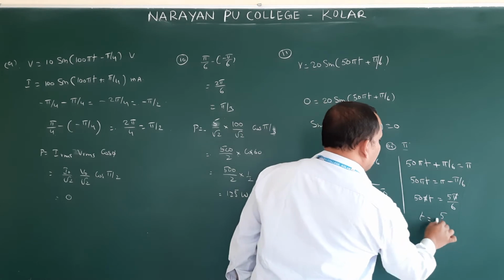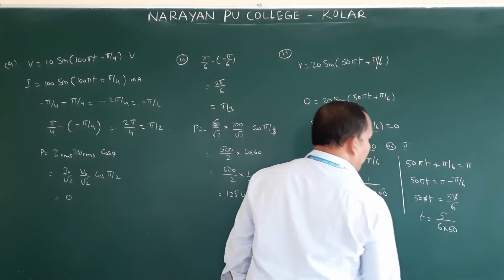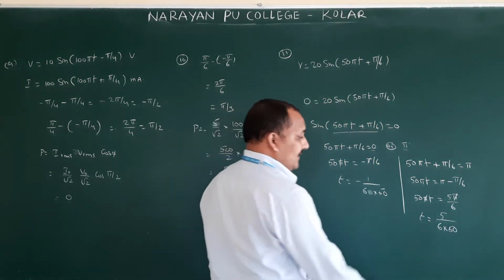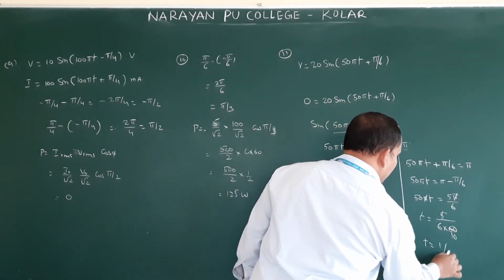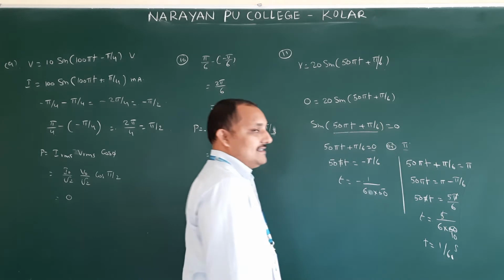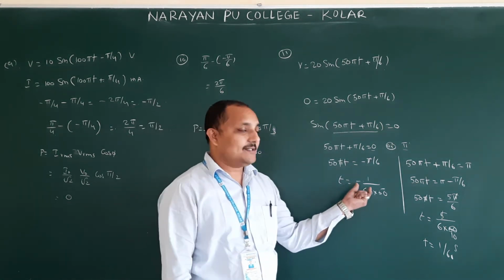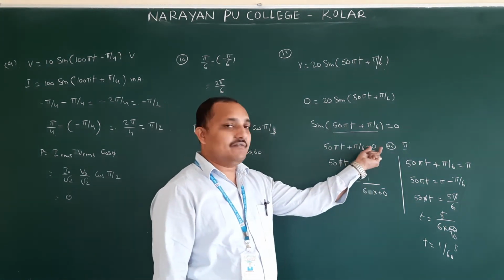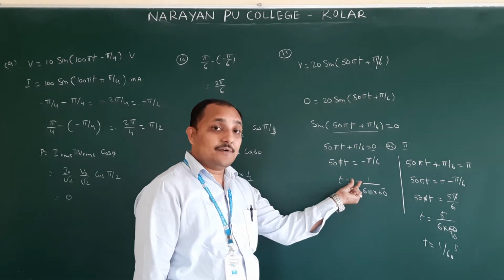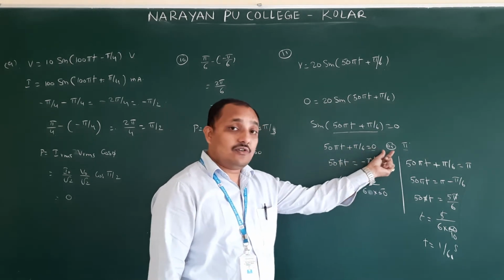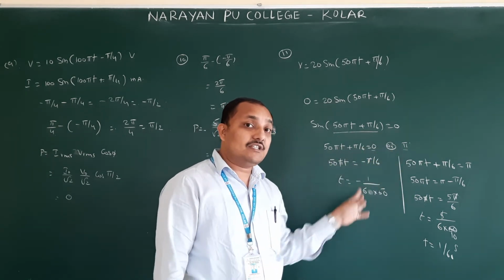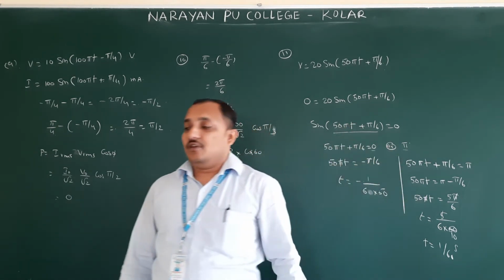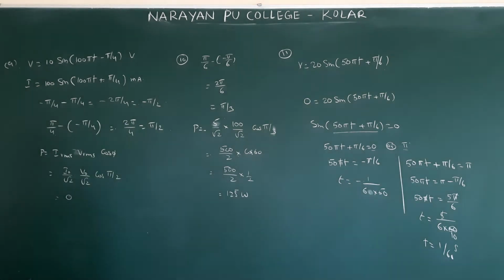Then t is equal to 5 by 6 into 50. So this will be cancelled 10 times. t is equal to 1 by 60 seconds. So understood, in this small logic you should remember, if you are equating for 0, time is coming negative. Therefore, you should not take 0, you should take π. So in exam if you got means both you have to try. Okay, which is giving positive, so that one you should take.